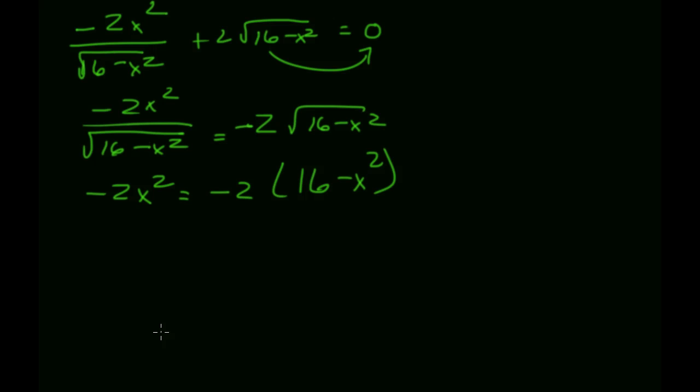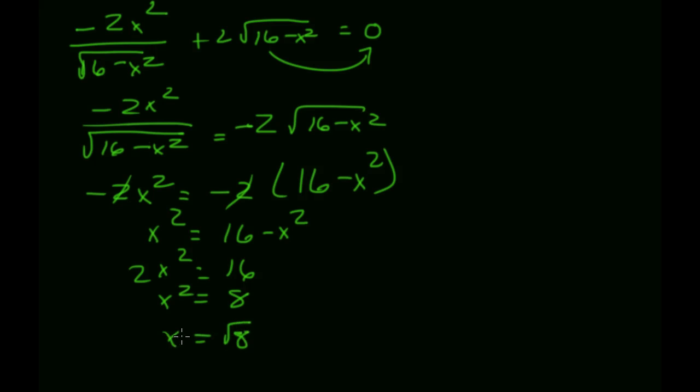The negative 2's go away, right? So that gives me x squared is 16 minus x squared. 2x squared is equal to 16. x squared is 8. x is the square root of 8. And why don't I need the negative here? Because of the way the problem sets up, x is necessarily positive.